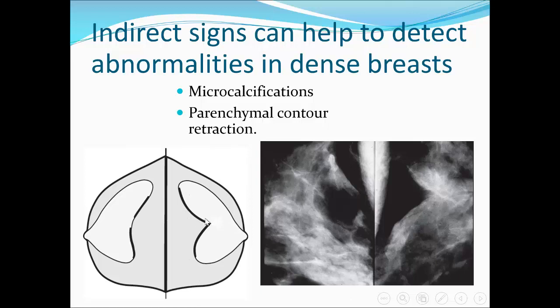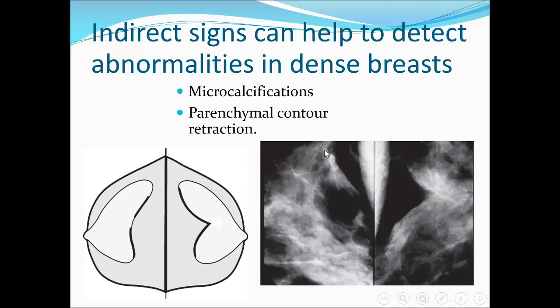It means that there is something here retracting the breast. Like that. This is the tenting of the parenchymal contour. We have here tenting of the parenchymal contour, ensuring that there is a mass here but obscured by the breast density. We have to do ultrasound, and this is an indirect sign of malignancy.